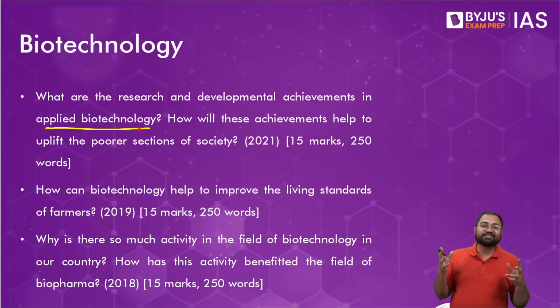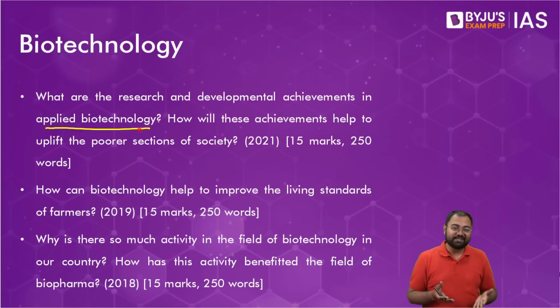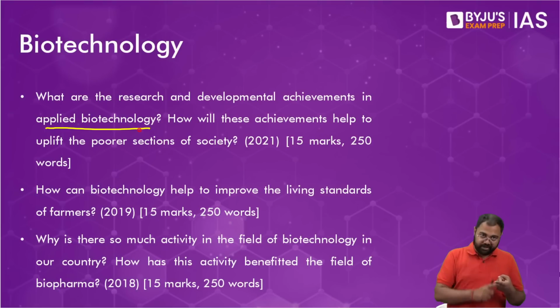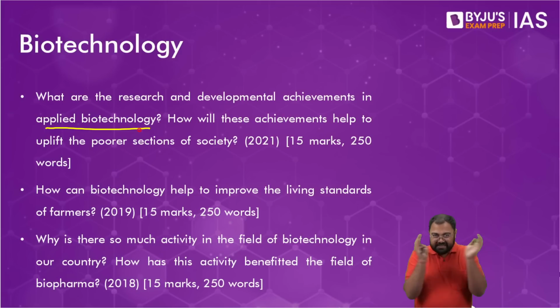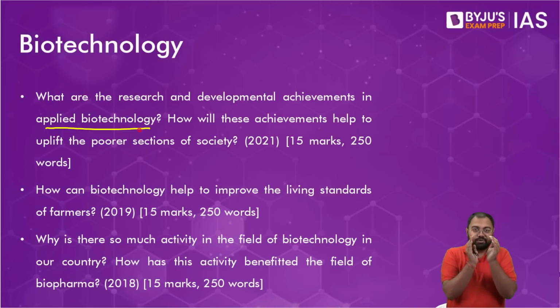You basically have to summarize the chapter in this particular answer, because you'll have to write about agriculture, health, industries, and environment. That's why it's going to be a difficult task, because you'll have to compress everything that you have studied, everything that you know, into a very small number of words. How will these achievements help to uplift the poorer sections of society? Right?